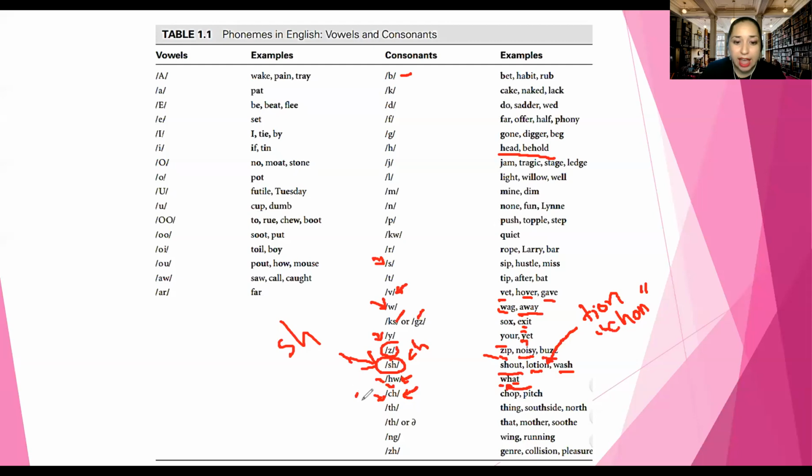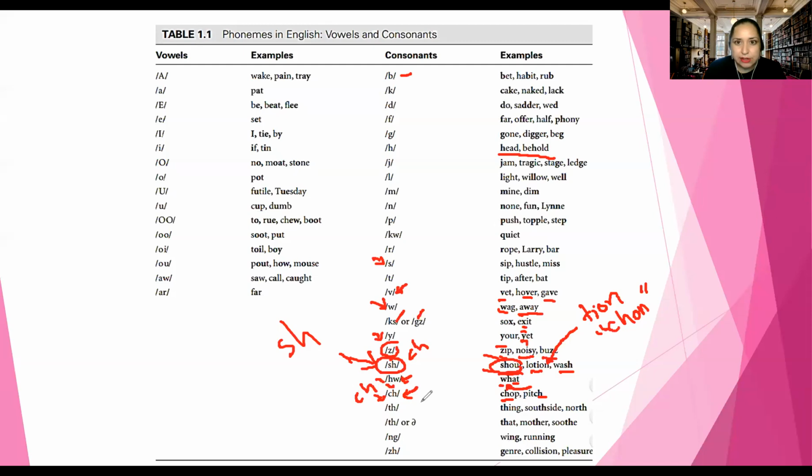So this is not apt for northern Mexicans, because for us everything is very strong. But this one, CH, should be softer, like shop, pitch. So here, this one, like shout, is stronger, and this one, shop, is softer.